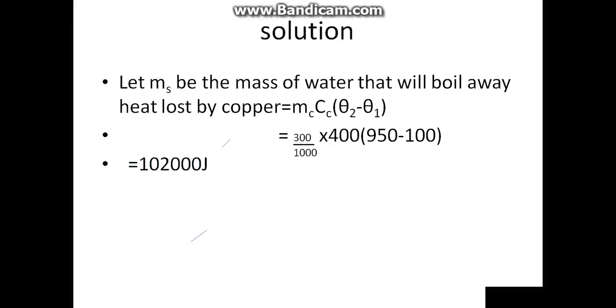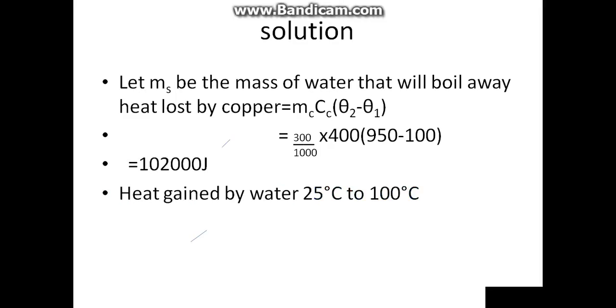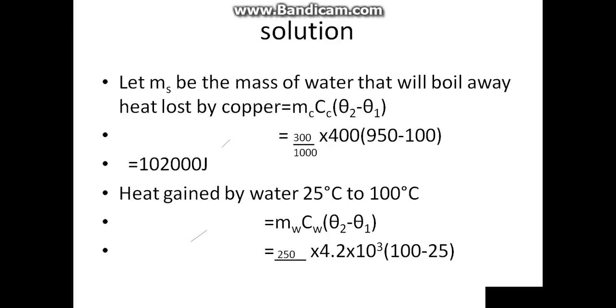Heat gained by water from 25 degrees centigrade to 100 degrees centigrade is equal to mw cw (theta 2 minus theta 1), which is 250 over 1000 times 4.2 times 10 raised to power 3 times (100 minus 25), which gives us 78,750 joules.